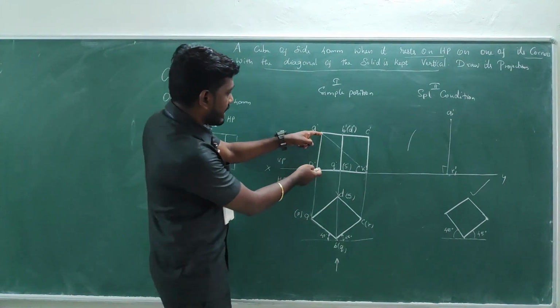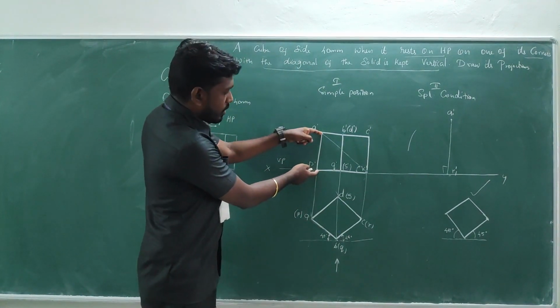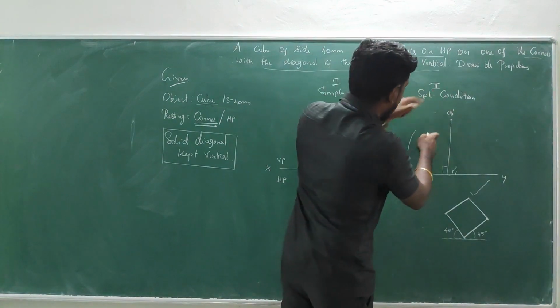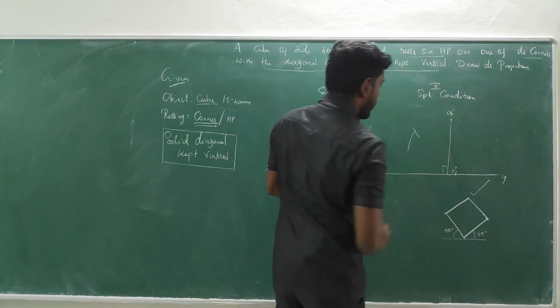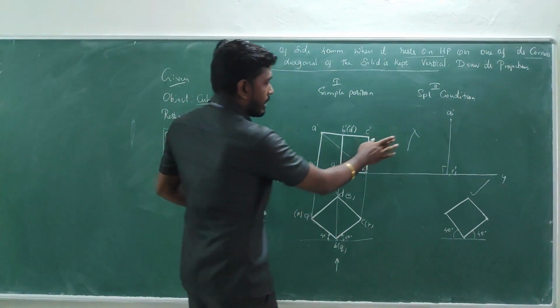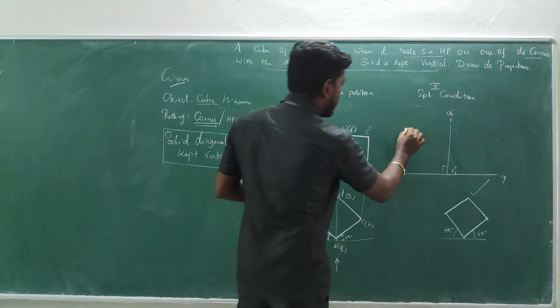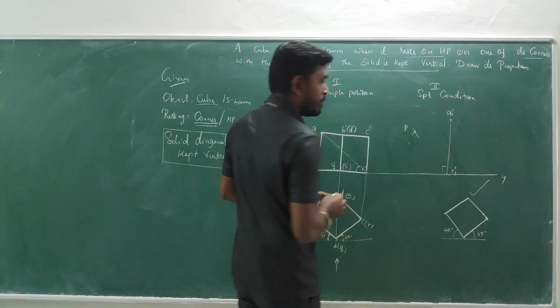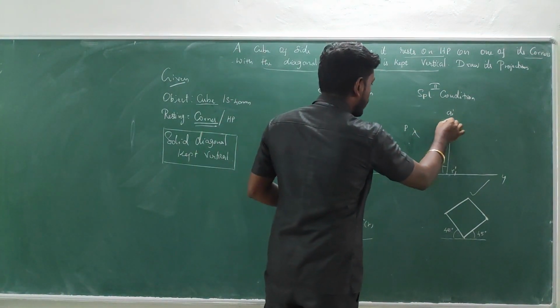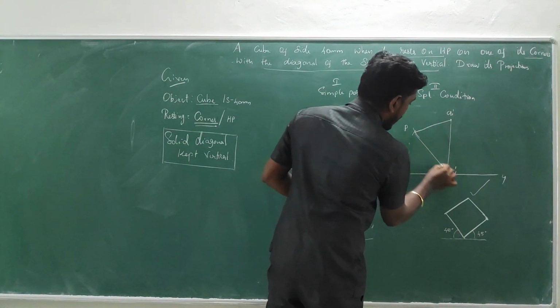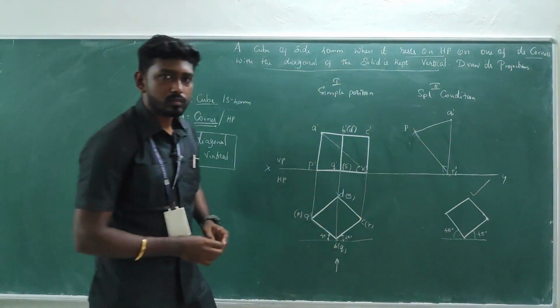Then measure the A, P distance, and keeping at A, I am going to get the cut mark so that the arc will be something like this. So this point will be P. If you connect it, you will be able to identify the shape.